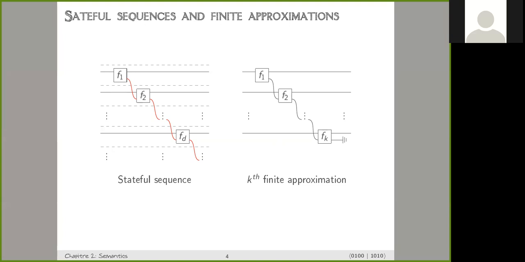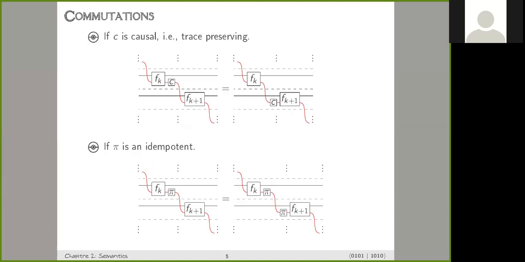If I know the finite approximation, I'm not able to recover a unique stateful sequence, for the following reasons. If we have a causal gate, trace preserving, so which is a side effect free gate, it's not possible, if you have no access to the output, to guess if the gate has been applied or not.